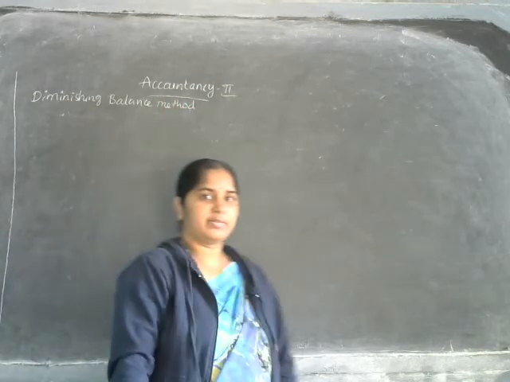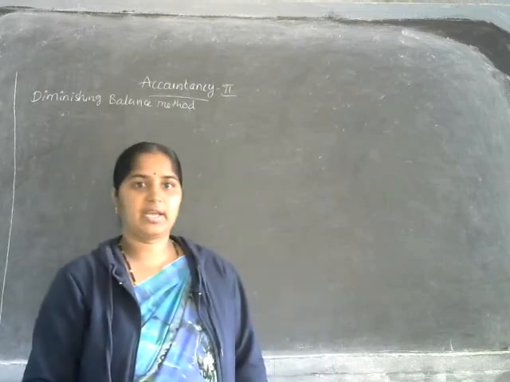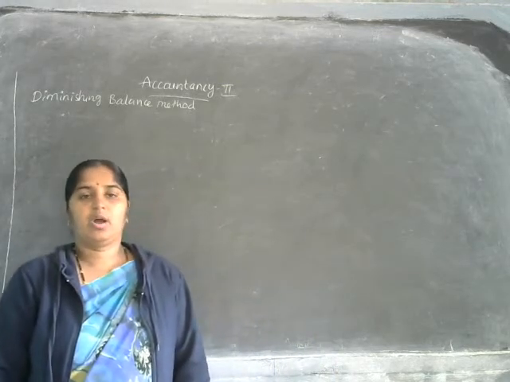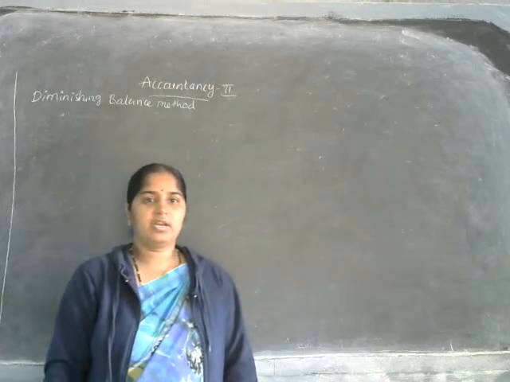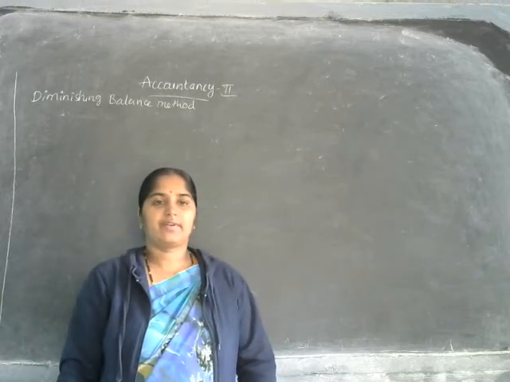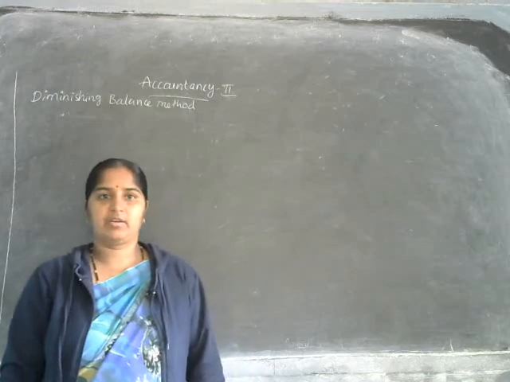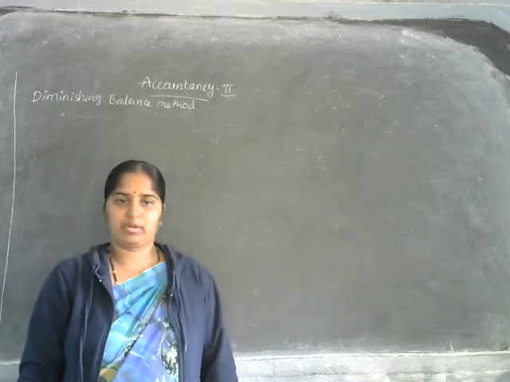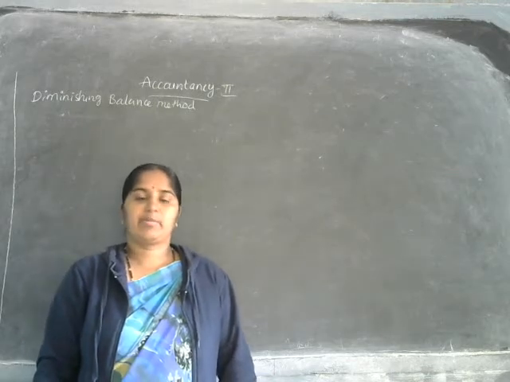Under the diminishing balance method, we calculate the depreciation in the first year on the cost of the asset, and for the subsequent years, we calculate it on the balance brought down amount. Remember these 2 points.